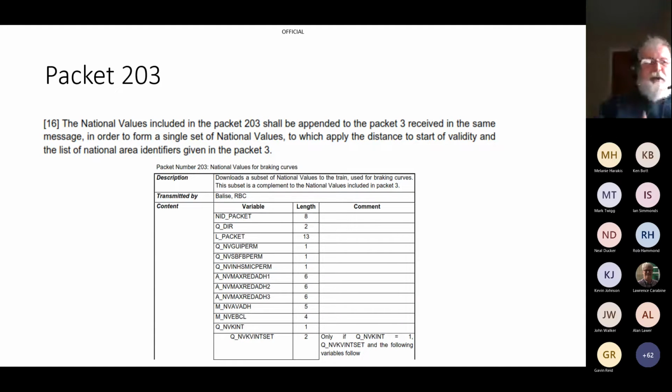So although it is in the baseline 3 specs, it is actually a baseline 2 trackside that sends it. And that caused a lot of confusion with Thameslink, where some people thought that the trackside was baseline 2, and other people argued that because it was sending packet 203, which was only specified in the baseline 3 specs, the trackside must be baseline 3.